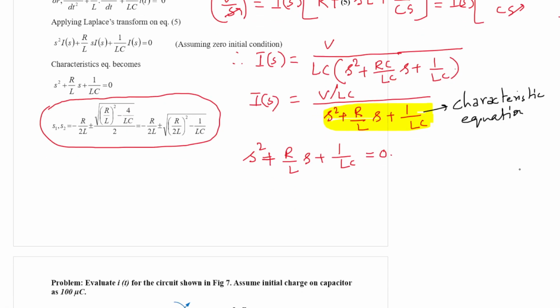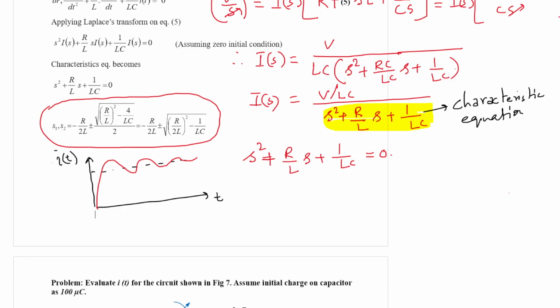If we plot t on the x-axis and i(t) on the y-axis, we have already defined three types of responses. First, the underdamped response, which takes closely this shape.